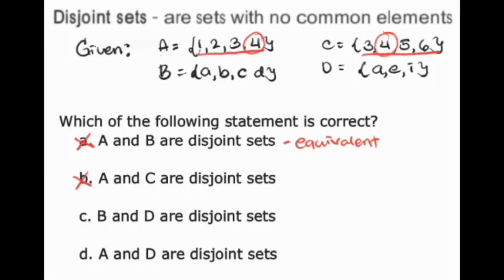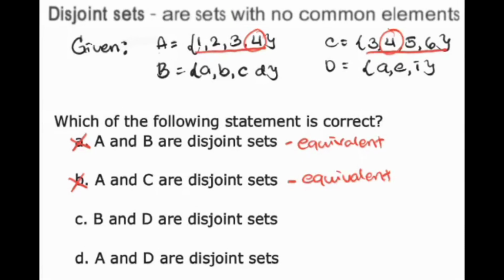So, kung meron silang common element, it means they are not considered as disjoint sets. And aside sa pagkakaroon niya ng common element, parehas din yung bilang ng elements nila. Okay. So, set A and set C, hindi siya joint sets. Ang tawag po natin sa kanya is equivalent. Equivalent set na mayroong common elements. So, kaya hindi po siya joint sets.